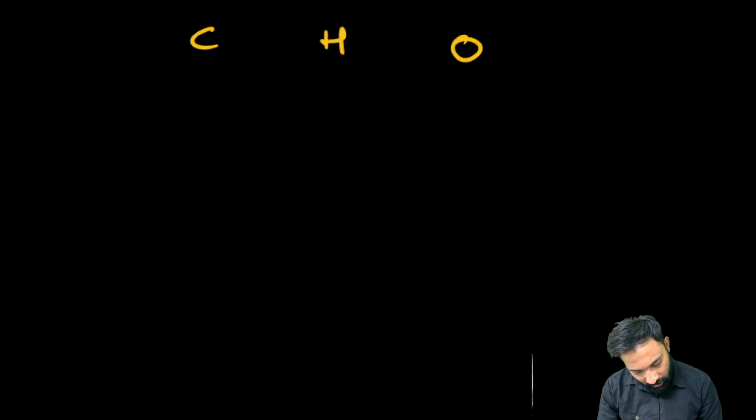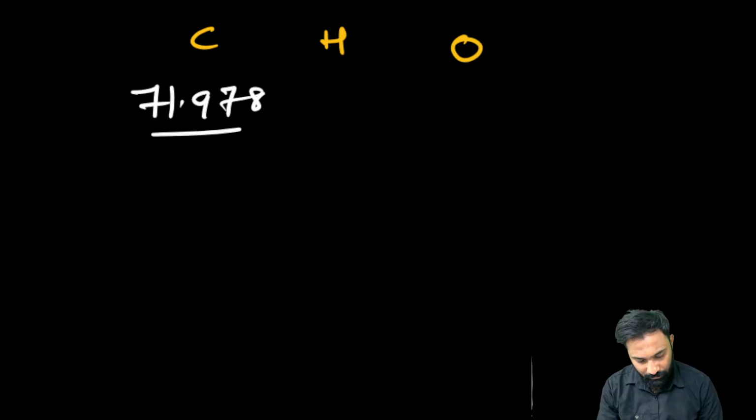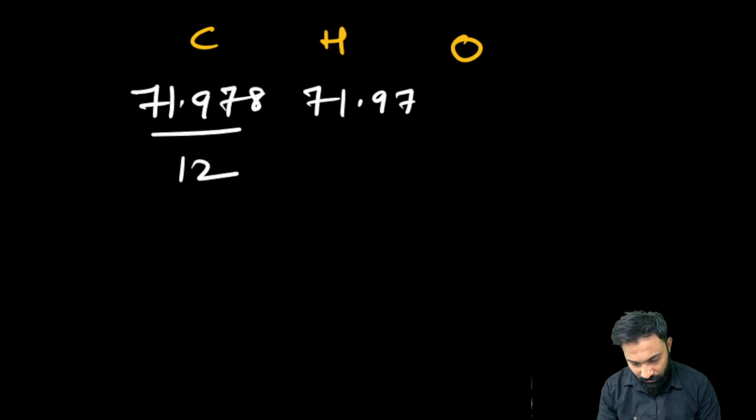The carbon weight we got as how much? 71.978 by 12 for carbon. Next, 9.986 by 1 for hydrogen, then 64.86 by 16 for oxygen.